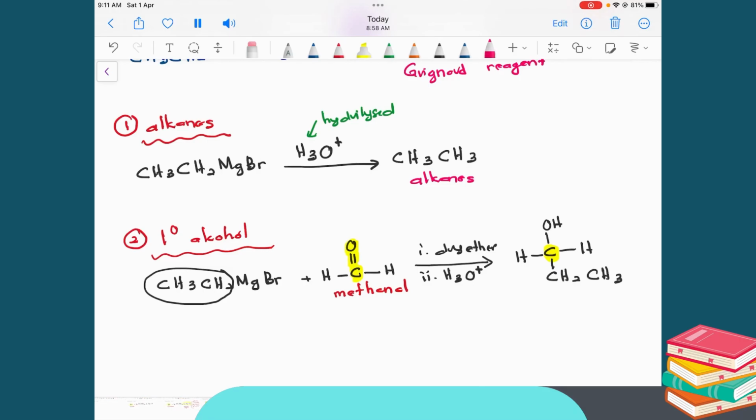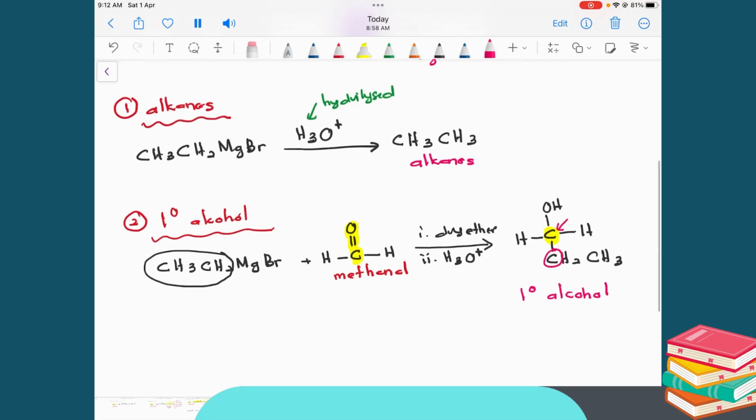This carbon is bonded to another 1 carbon, so it is considered a primary alcohol. So this is the first method to write the equation. I will show you the second method to write the equation.